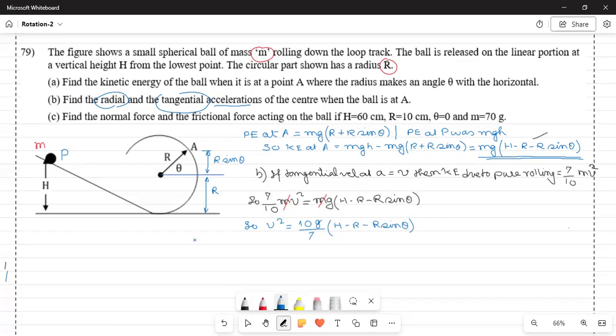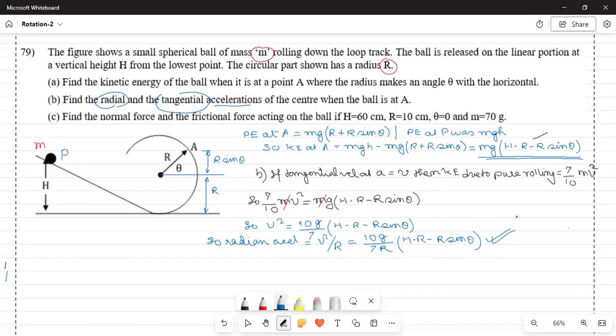So we can write, radial acceleration is equal to v square by r is equal to 10g by 7r (h minus r sin theta). They wanted us to find the radial acceleration, so this is the radial acceleration.